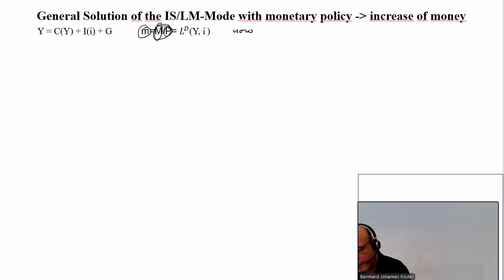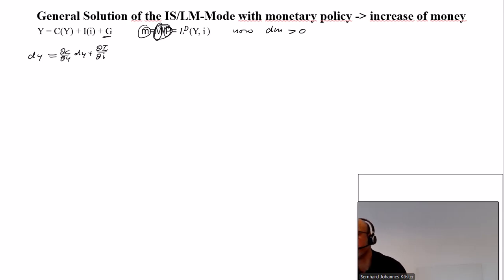Now dm is larger than 0. Remember, when we derived the dependence between interest rates and income at the money market, we said this is a fixed number and therefore it is 0. Now we say this is externally changed, so we have a change there. So then again, we obtain dy equals dC/dY dy plus di.